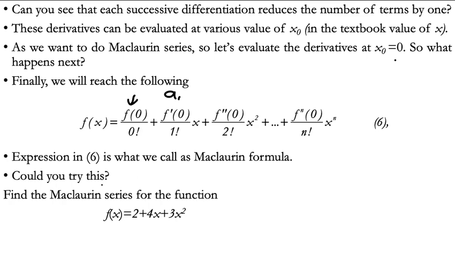Okay, so can you try this example here? Find the Maclaurin series for the function f(x) equal to 2 plus 4x plus 3x squared. Let me rewrite the function again so that we can always refer to it here. So f(x) is given by 2 plus 4x plus 3x squared.